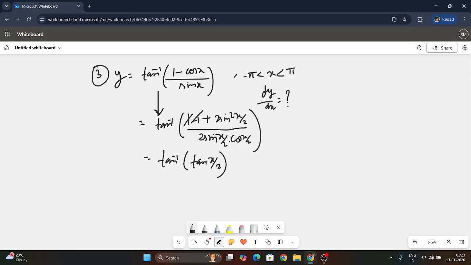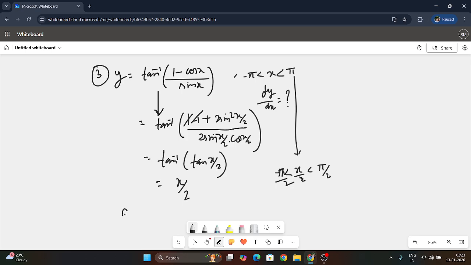Now x is lying between minus pi and plus pi. So what about x by 2? Let's divide by 2 on both sides: minus pi by 2 to plus pi by 2. This is the range for x by 2, which is coming in tan. So this is going to be tan inverse of tan, and tan gets cancelled, and you get x by 2.